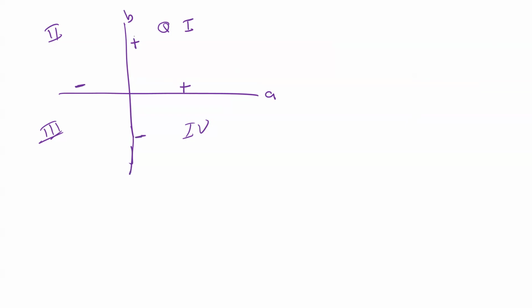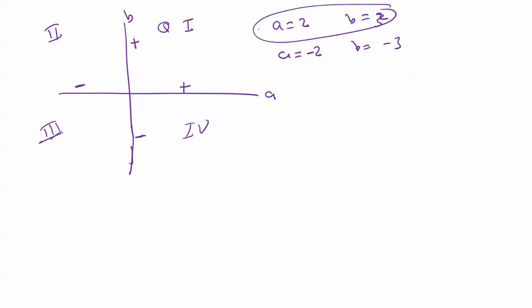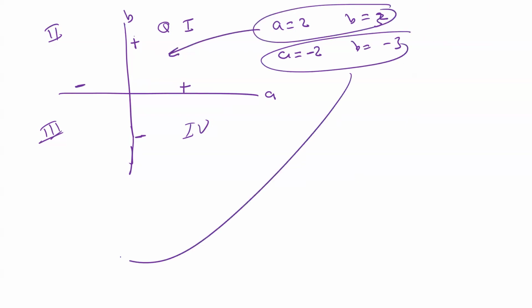For example, if A is equal to 2 and B is equal to 2, or 3, any numbers, it doesn't matter. For A equal to negative 2, B is equal to negative 3. For both of those, this one has to be in the first quarter, and this one has to be in the third quarter. If you calculate the inverse of tan, 2 over 3 is 0.67, like negative 2 divided by negative 3, because this negative is going to go with this negative.